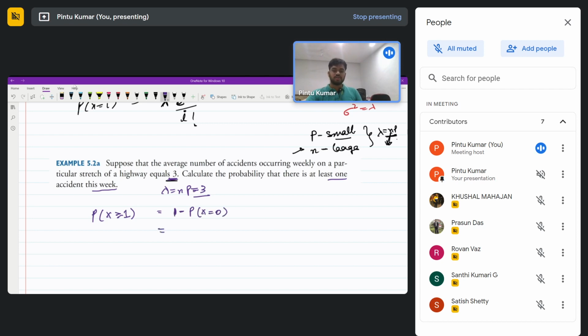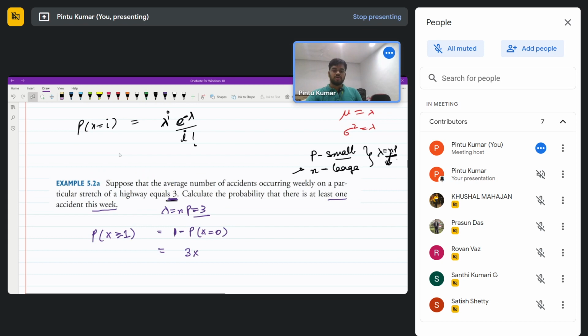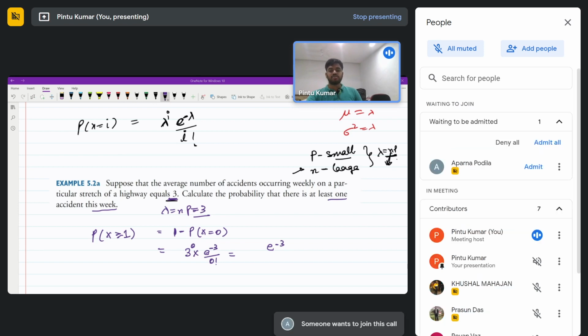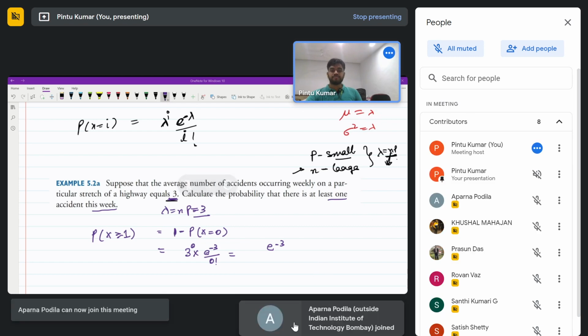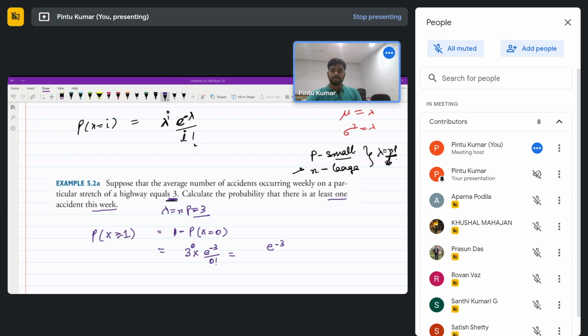With lambda 3, that is 3 to the power 0 into e to the power minus 3, divided by 0 factorial, which is 1. So this is nothing but e to the power minus 3. So you get 1 minus e to the power minus 3.